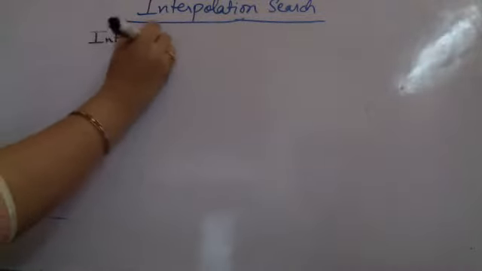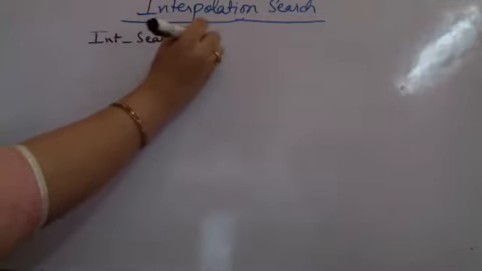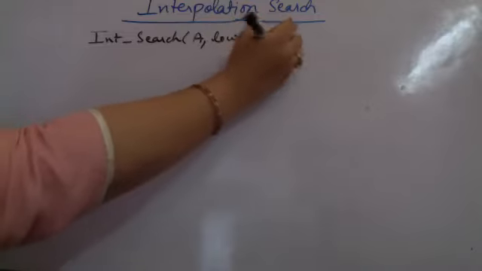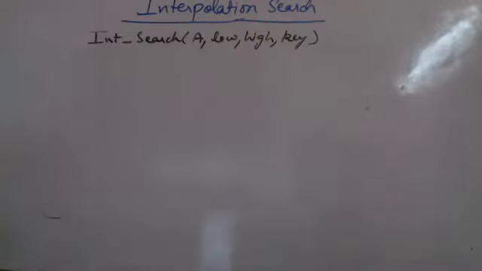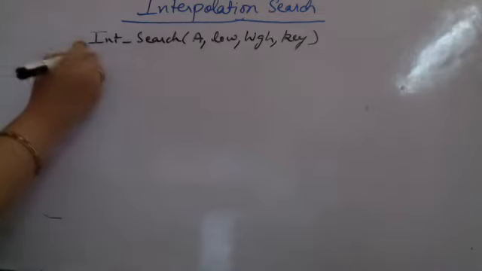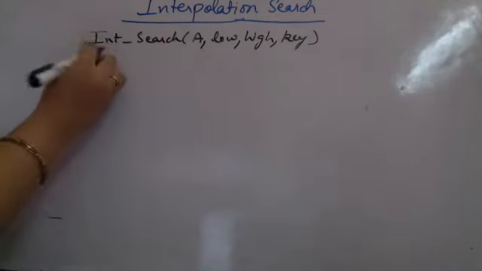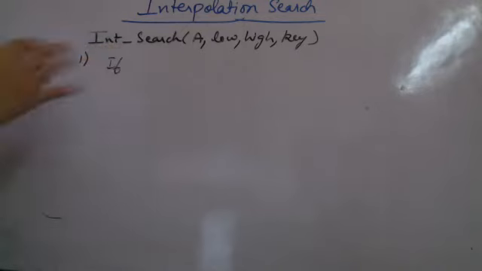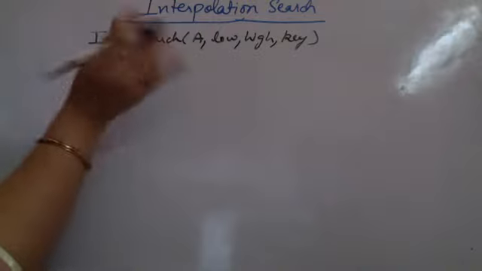So, in case I am performing the interpolation search on an array A, which is starting from some low to high, and I have a key which I need to search within this array. This is given to me, and this is a sorted array. I am going to recursively call this procedure, so I need to make sure that I break the recursion.